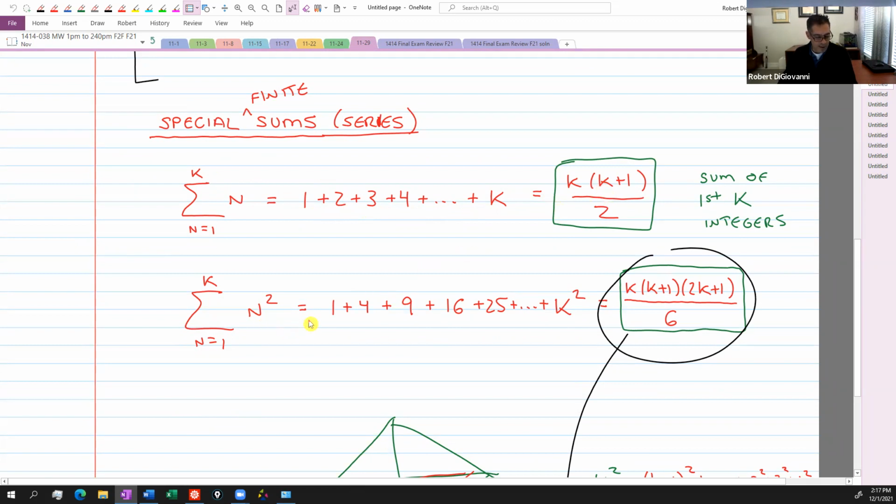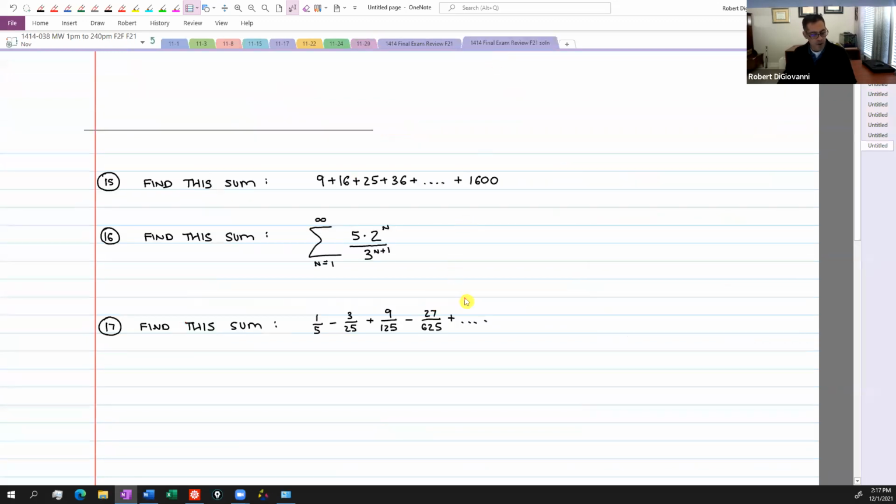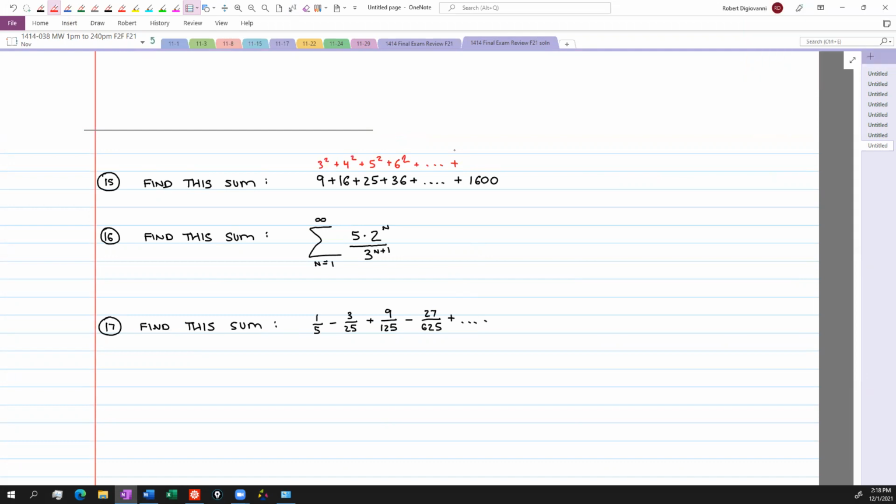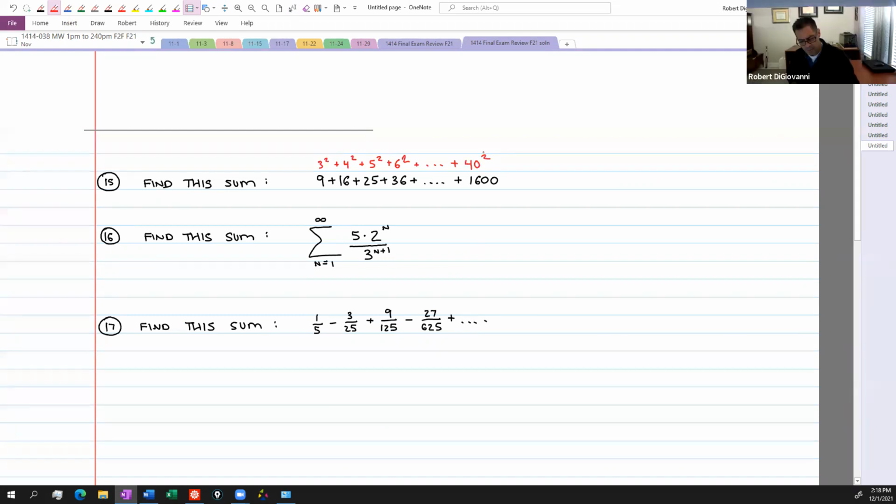If you're adding up the sum of the squares, here's the formula, and so on and so forth. So for this problem, number 15, what you have to realize is that this is 3 squared plus 4 squared plus 5 squared plus 6 squared plus all the way out to what number squared? 1600 is what number squared? 40. Out to 40 squared. Right? That's what you want to know.